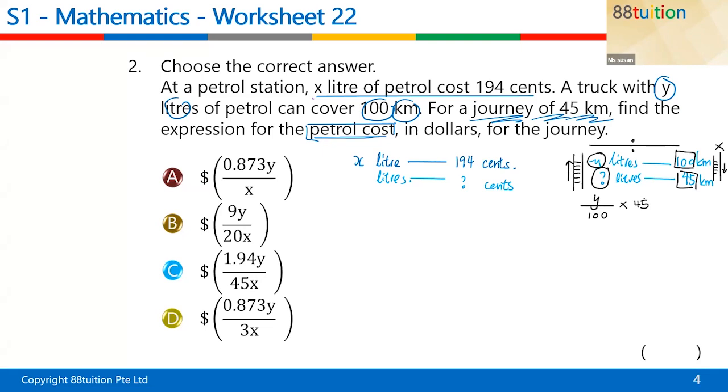All right. So let's write it down. Equals to, can I say this is 0.45 Y? Or if you want to leave it as a fraction, it will be 45 out of 100. Change it to the simplest form. Then I'm going to plug in my number here, the liter here.